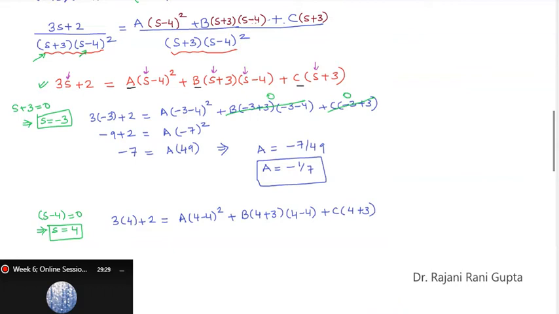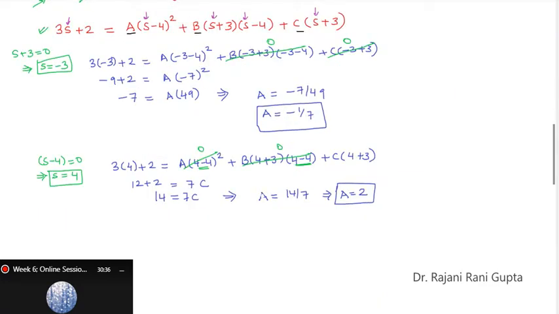Again cancelling the terms which become 0, because of 4 minus 4. So what we are left with: 4 times 3 is 12, plus 2, equals 4 plus 3, which is 7, times C. 14 is equal to 7C, which gives you C is equal to 14 over 7. That is, C is equal to 2.